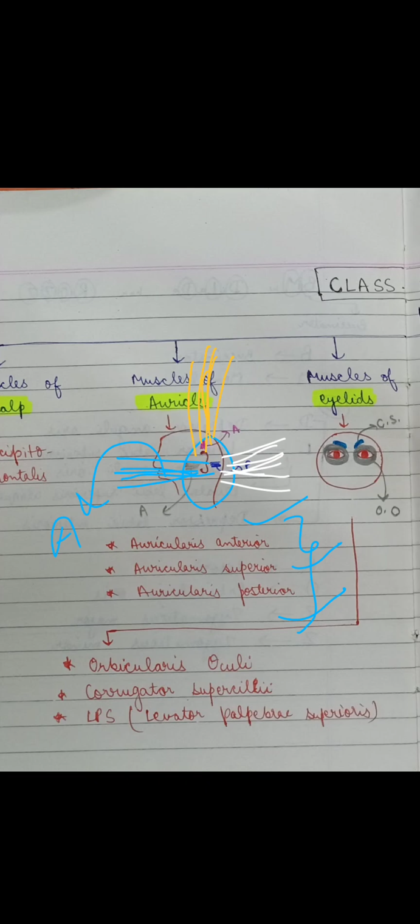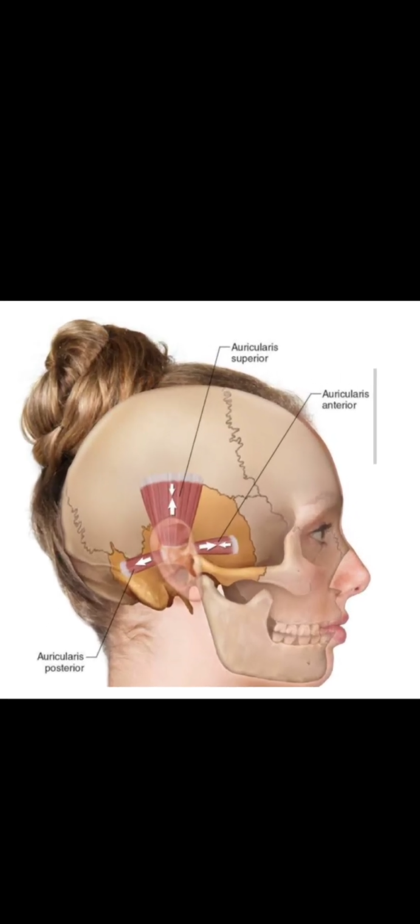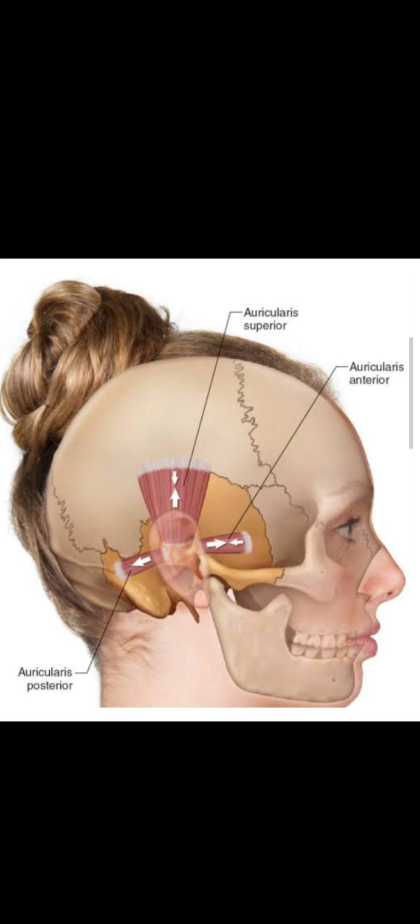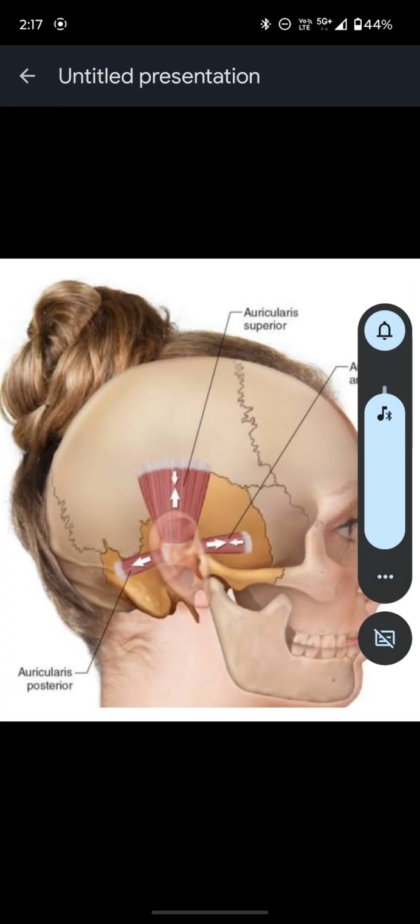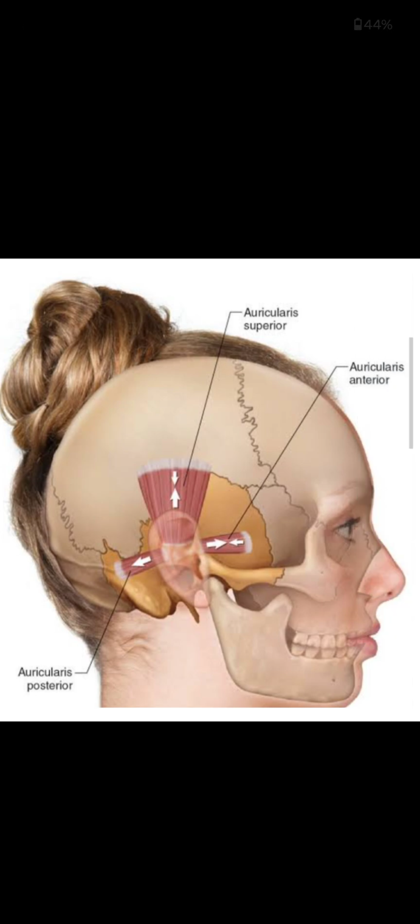I hope that this is clear to you, and I'll show you an image that could make your concept more clear. Yeah, so friends, just have a look at this image. I hope that this image is quite clear to you, and this would provide a good insight into what I have just explained.